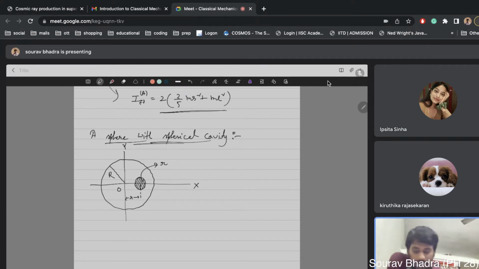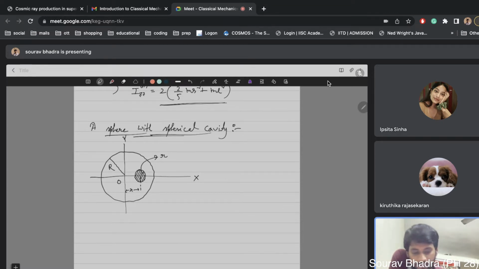Now we will see the application of this perpendicular axis theorem in this problem. The first thing is that we will calculate the IYY component. Now our IYY component for the total sphere, which I am writing as IYY with a notation S, is actually IYYSC and IYYC. So I will tell what it is.